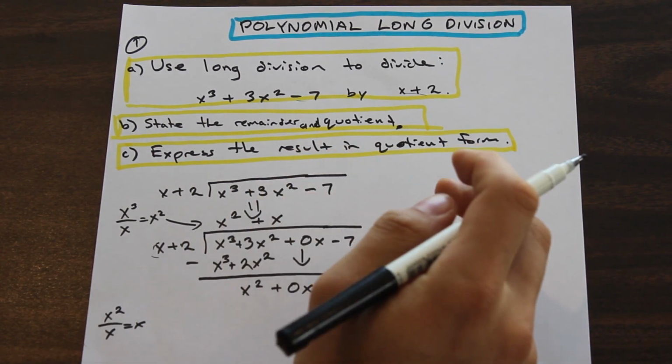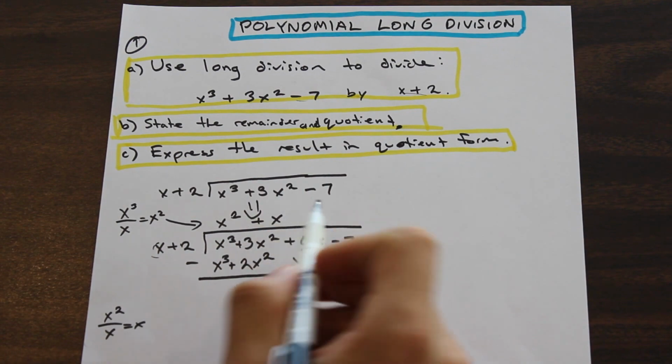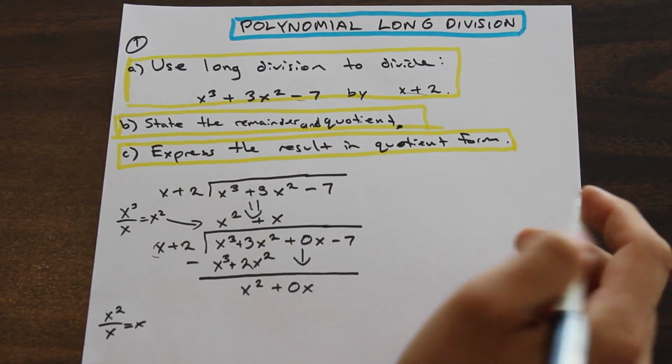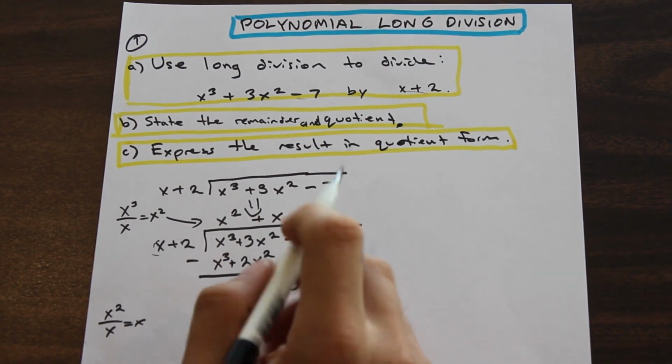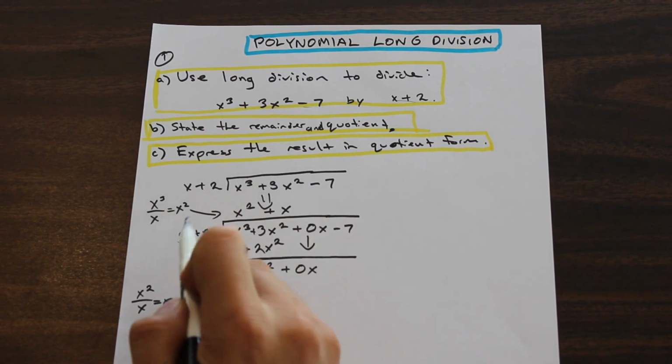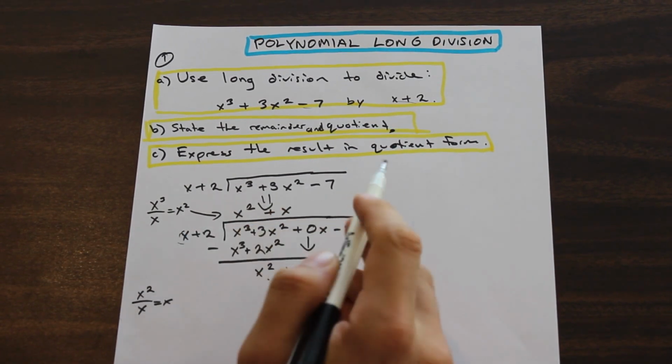Sorry about that arrow there, hopefully that's not confusing. I just used that to show the direction we were going in. Ignore that. Now that we've done that, we're going to do exactly the same step that we did before. We multiply x into x plus 2.